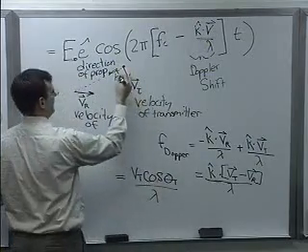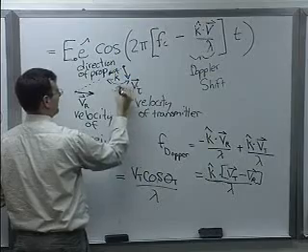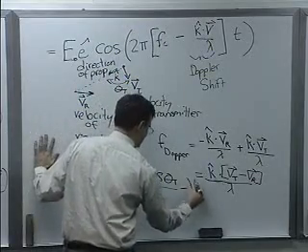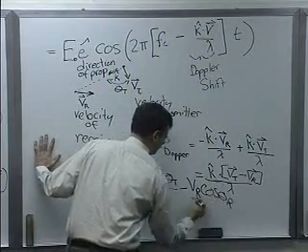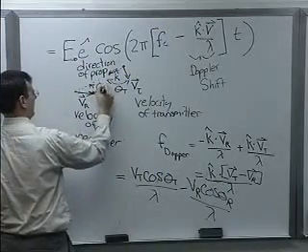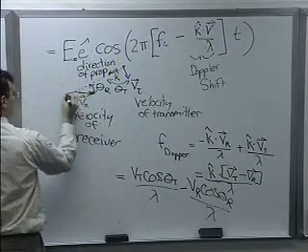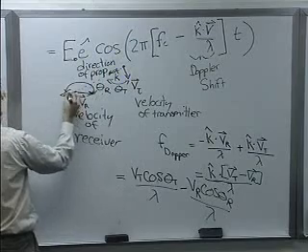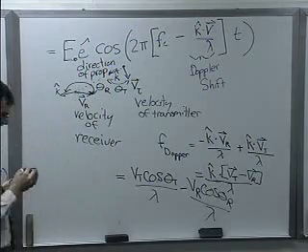And of course, theta sub t would be the angle that the velocity makes with the direction of propagation, minus v sub r cosine theta sub r over lambda. And theta sub r is the angle that the direction of propagation, k hat, makes with the velocity vector v sub r.